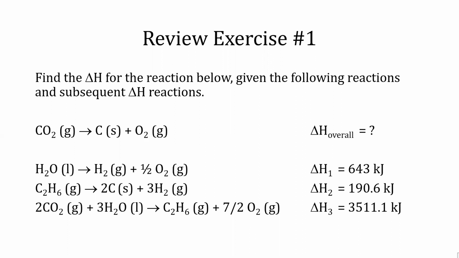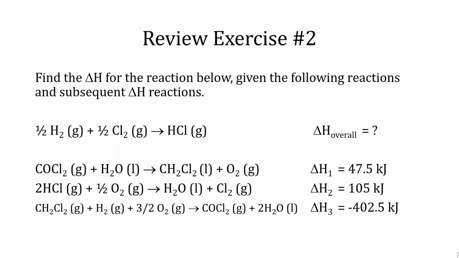C2H6 forms 2C plus 3H2, delta H2 equals 190.6 kJ. 2CO2 plus 3H2O forms C2H6 plus 7 halves O2, delta H3 equals 3511.1 kJ.